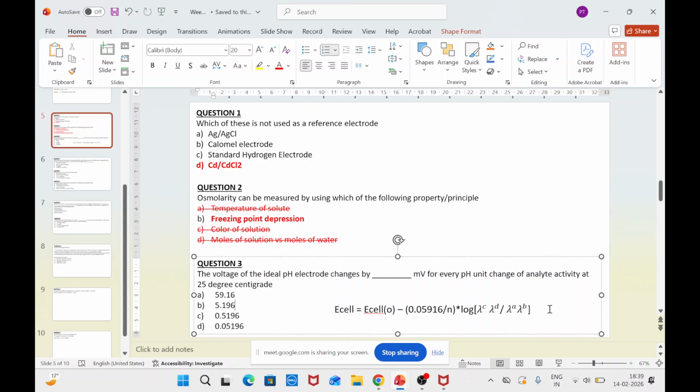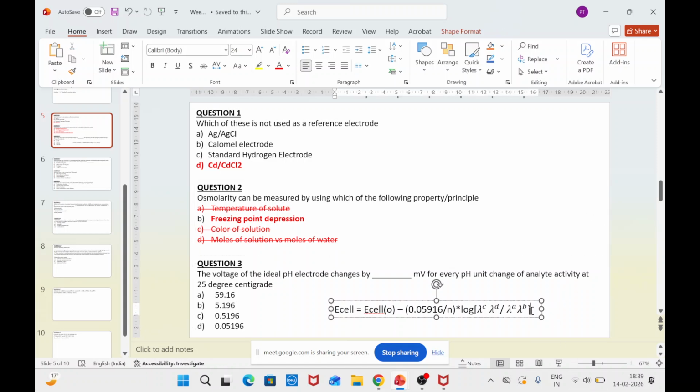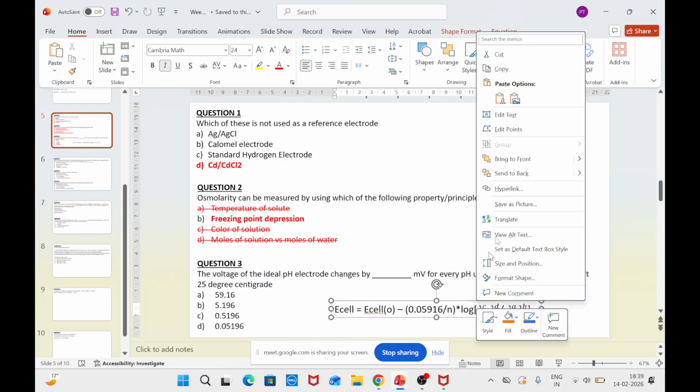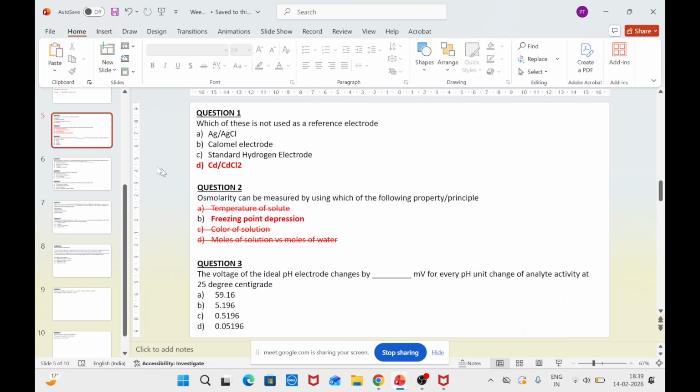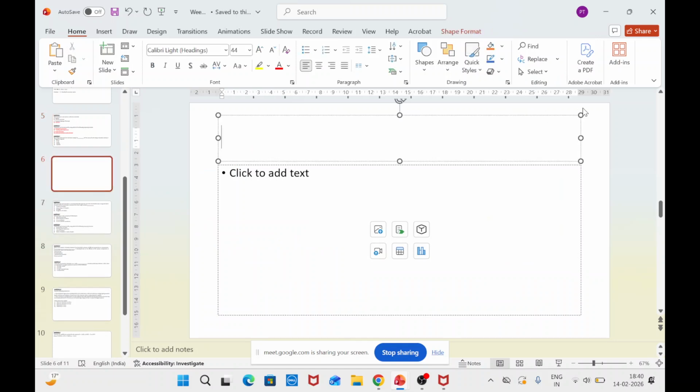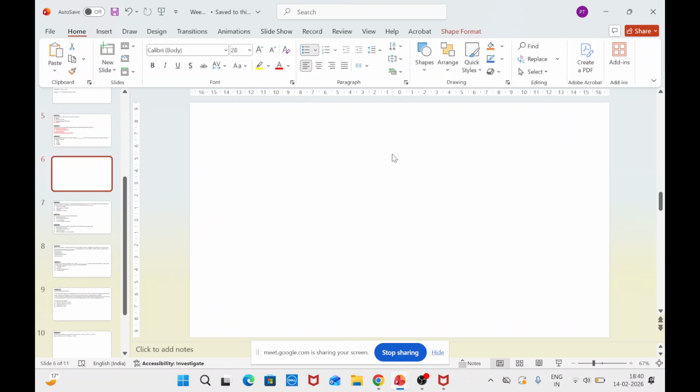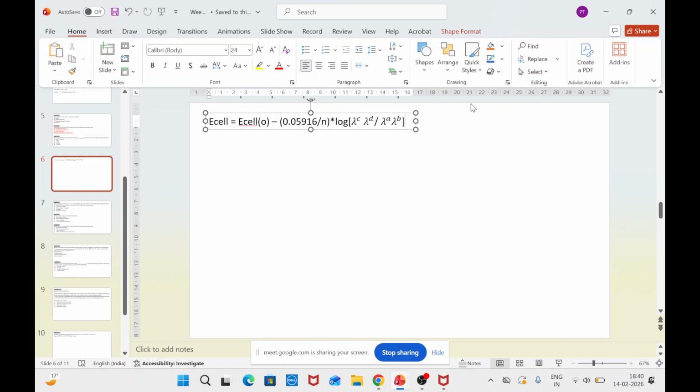So I'll just write the expression, let me take this to a new slide. So usually, how do we calculate the pH? We usually do it through the standard hydrogen electrode, right?